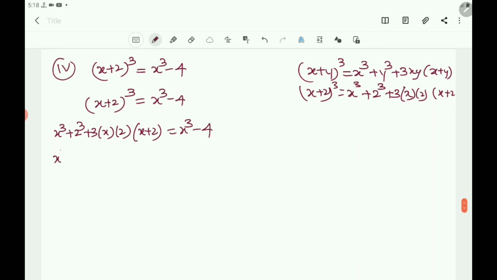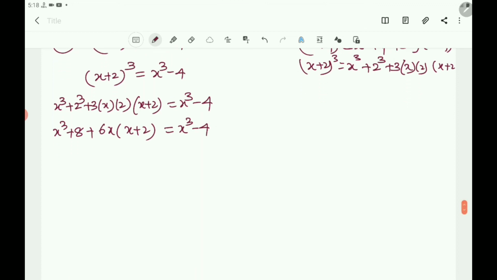Then you write x cube plus 2 cube, 2 into 2 into 2, that is 8. And 3x into 2 is 6x. It is 6x into x plus 2. You write the RHS as it is, x cube minus 4 only.